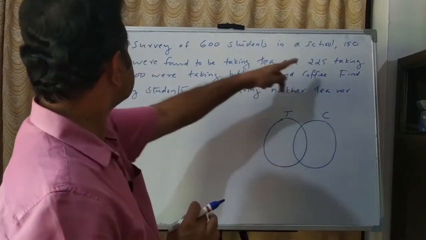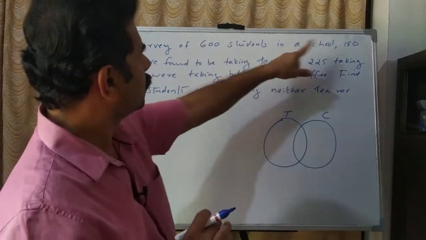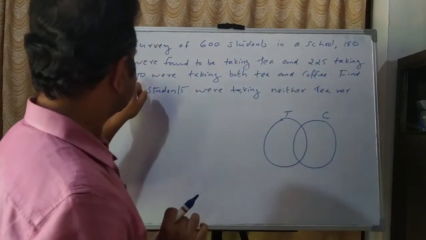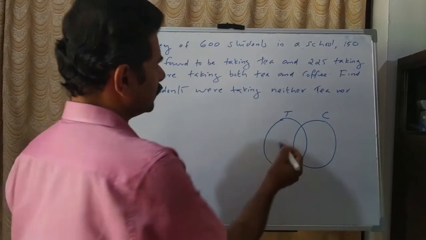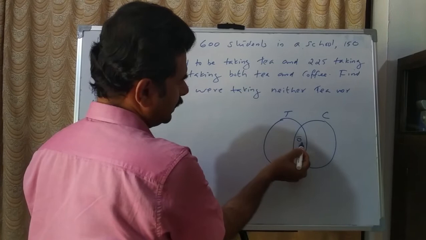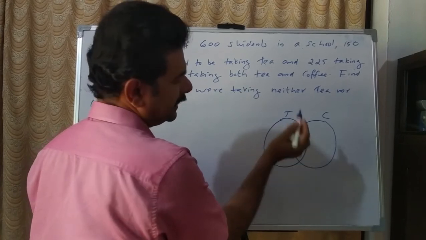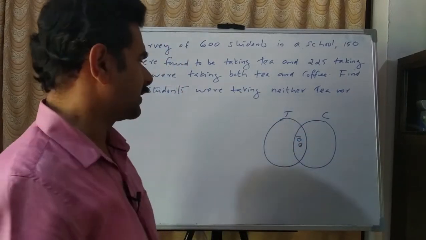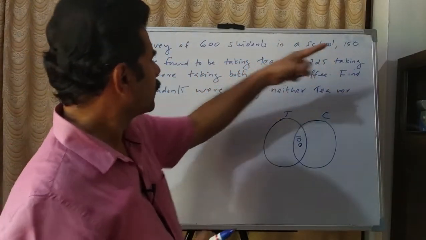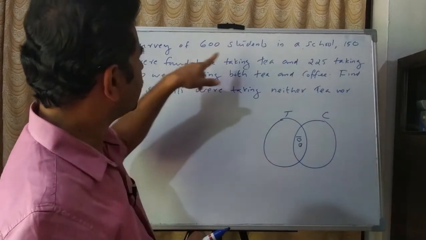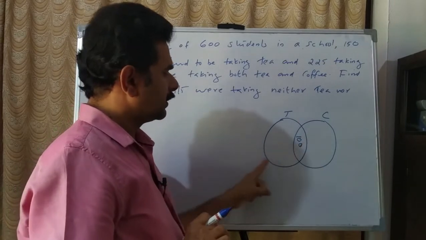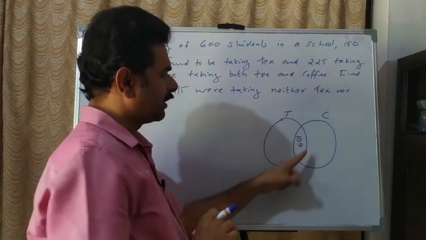In a survey of 600 students in the school, 150 students were found to be taking tea and 225 taking coffee. Okay, 100 were taking both tea and coffee. So firstly, we are writing 100 here because this is common for both the tea and coffee sets. Then again read the question: 150 students prefer tea.